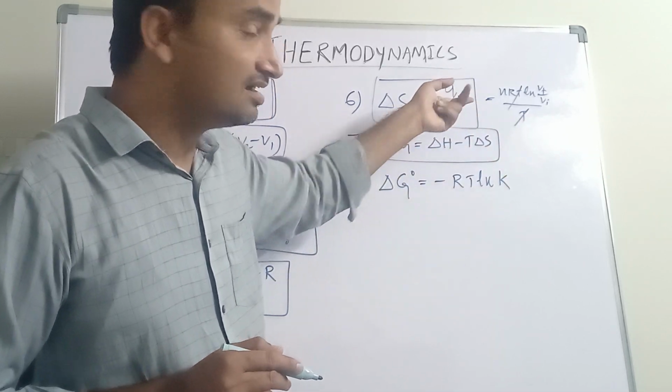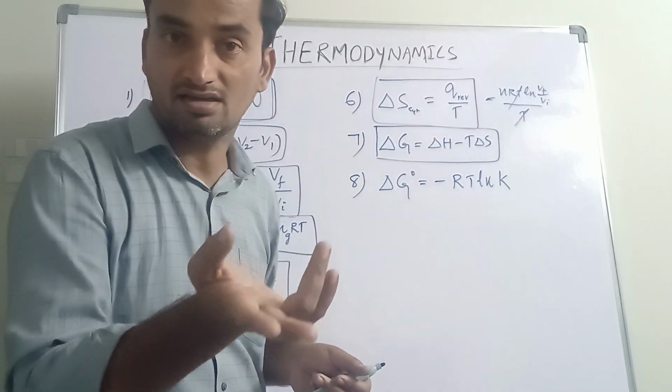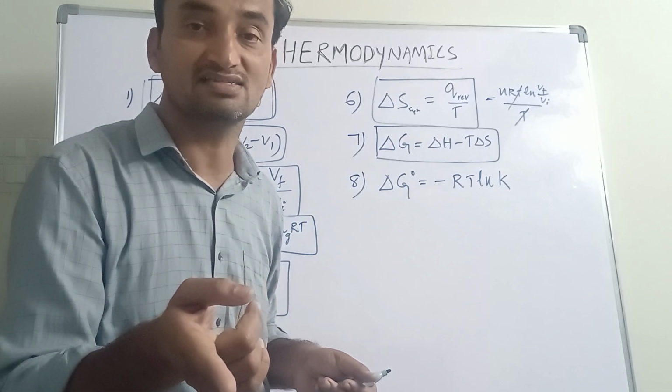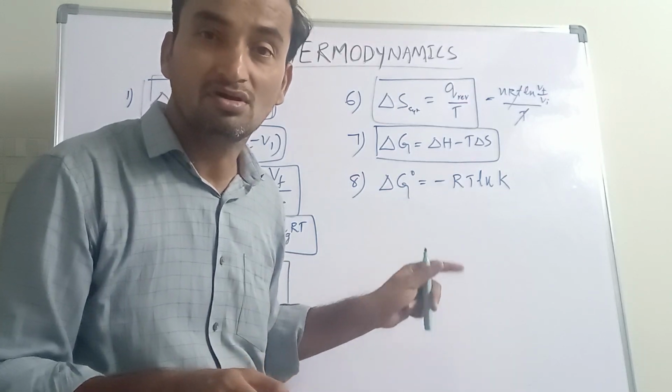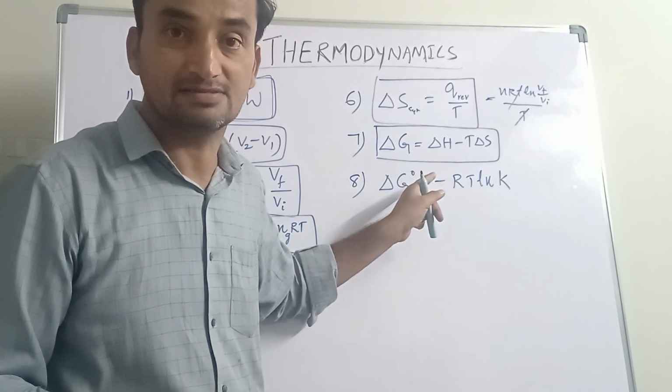Now, in the previous case, delta S positive, the process is spontaneous. In this case, delta G negative, the process is spontaneous. Delta G 0, the system will be at equilibrium. Delta G is positive, non-spontaneous.